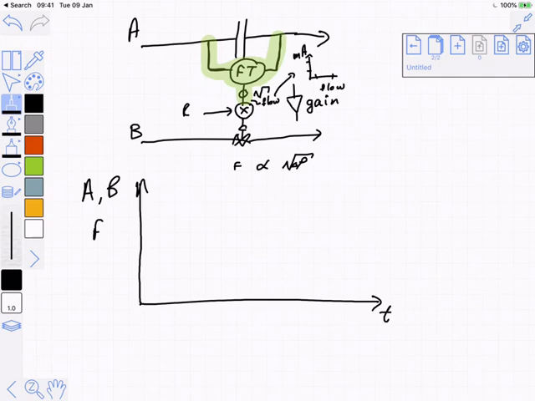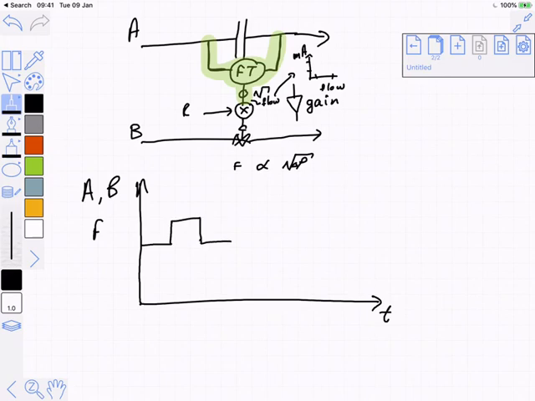Because we're trying to keep B on A, and so A is like a set point, and B is like the thing that we're trying to keep on that value. And so if you leverage what we know already about control, about any kind of control that you can think of, it should become clear that if A is maybe doing things like this, right?